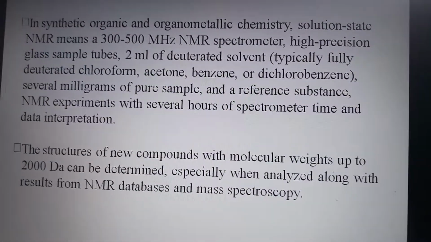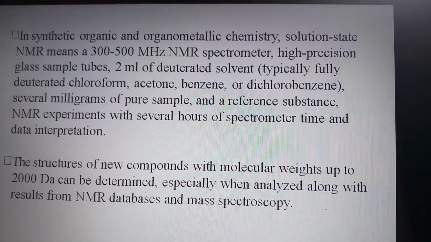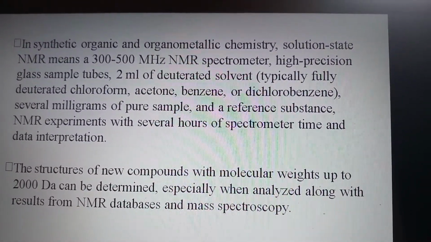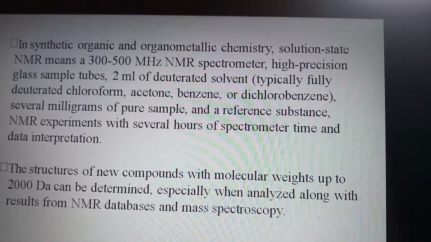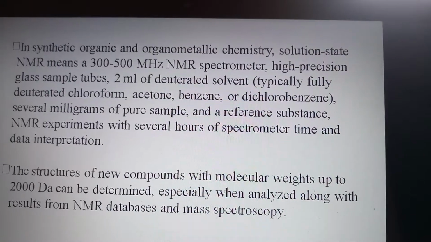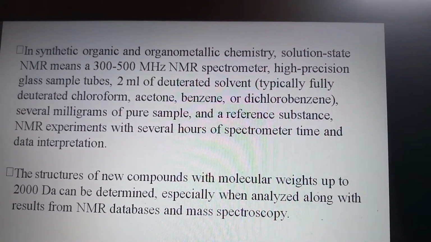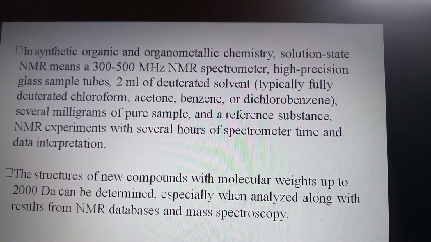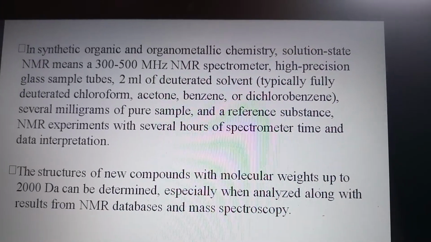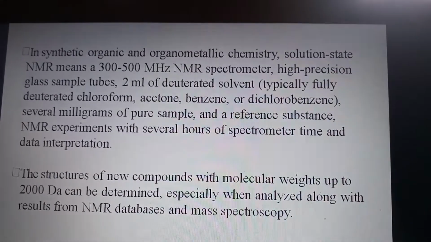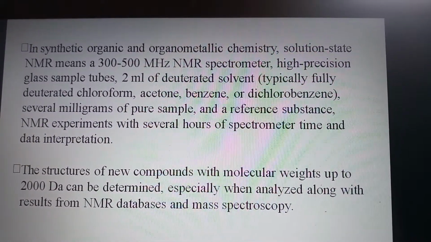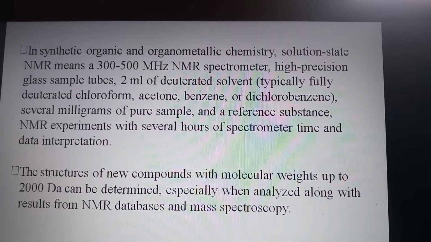In synthetic organic and organometallic chemistry, solution state NMR means a 300 or 500 MHz NMR spectrometer. It uses high precision glass sample tubes, 2 ml of deuterated solvent, typically fully deuterated chloroform, that is CDCl3, acetone, that is CD3COCD3, benzene C6D6, or dichloromethane, that is CD2Cl2.